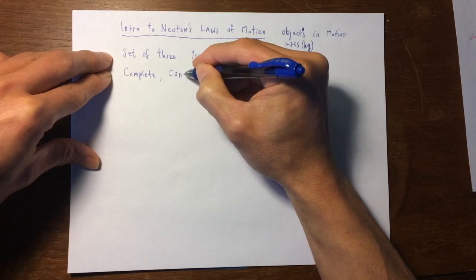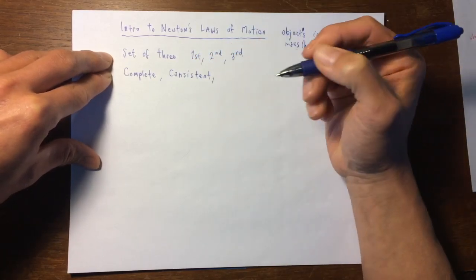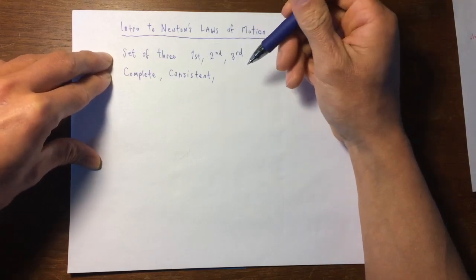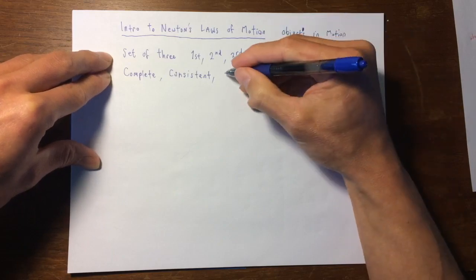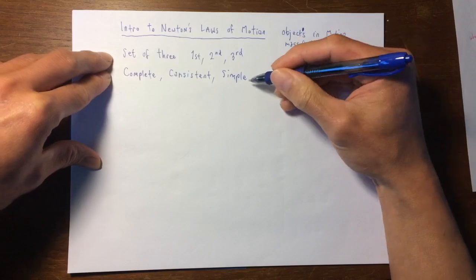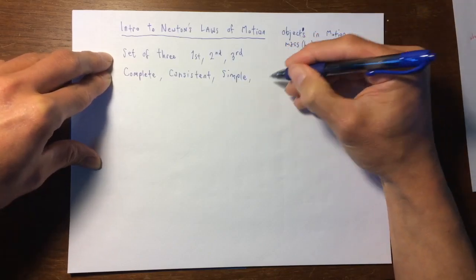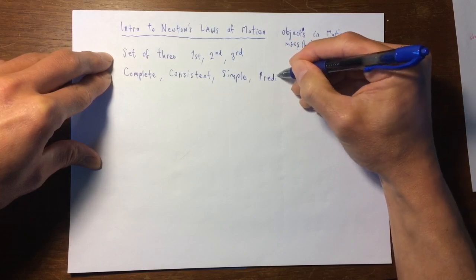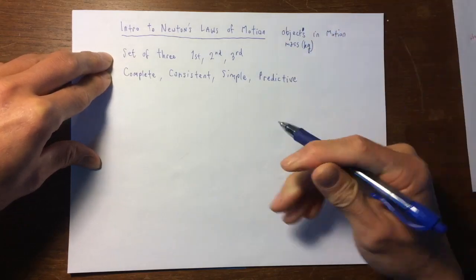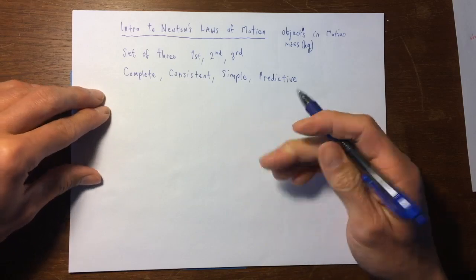They're self-consistent. That is, the second law will never refute or say something opposite the first law, for example. They're very simple, which physicists really enjoy having. And they're also predictive. That is, you can predict the future with them. You can also predict the past before you go and look at it.